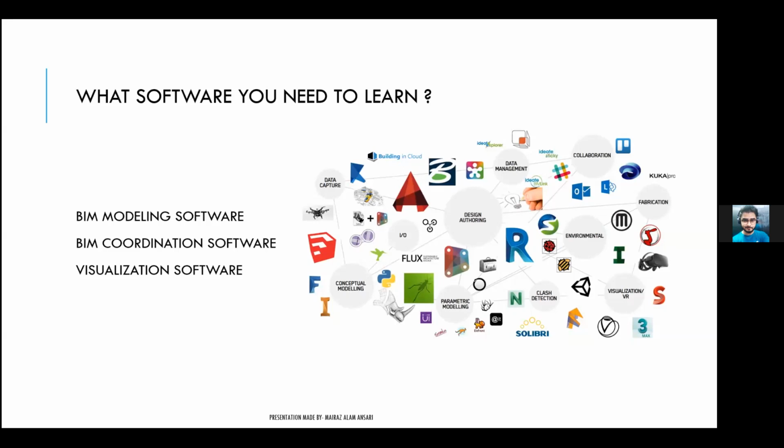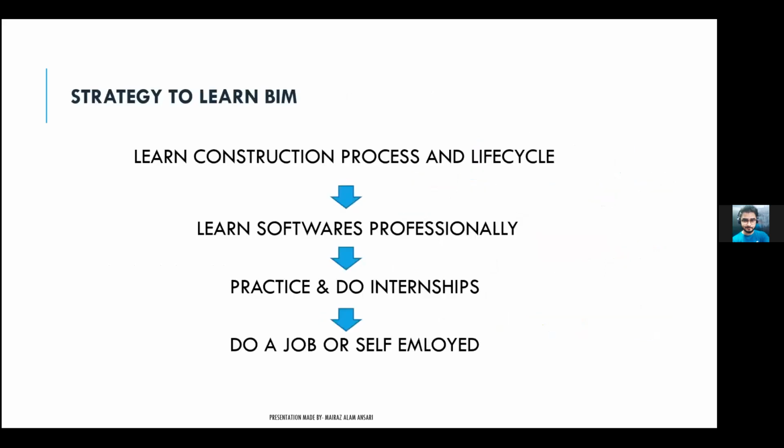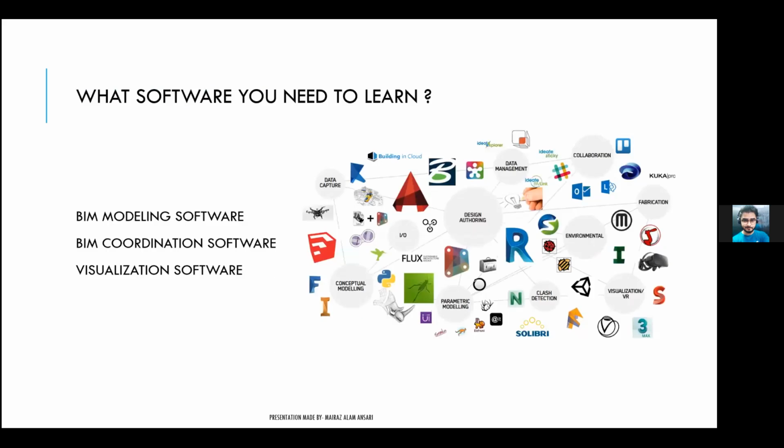These are the software you need to learn, but apart from that, you should also learn the standards and the practices in the industry, like ISO 19650 and other things in the BIM industry, to get started. You should learn all these things, and after that you can simply follow these steps and get started. It's not rocket science. You just start and you are good to go, right?